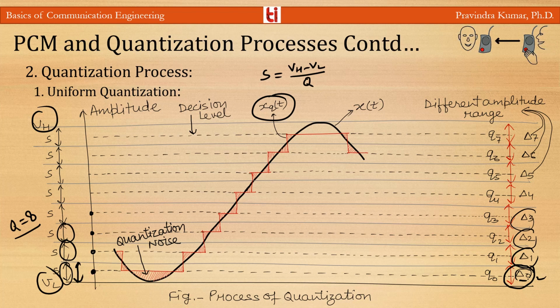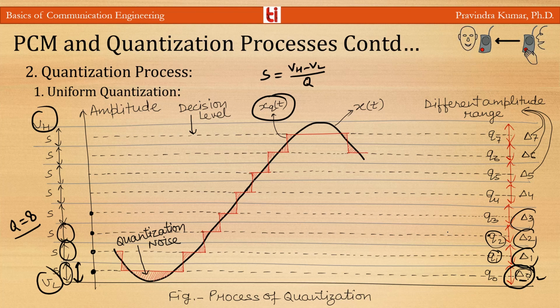Similarly for all values of x(t) in the range of delta 1 we will give the value q1, and when it is in the range delta 2 then we will give q2, and so on. So in such a range from delta 0 to delta 7, the signal x(t) is rounded off to the nearest quantization level q0 to q7, and the quantized signal is produced.